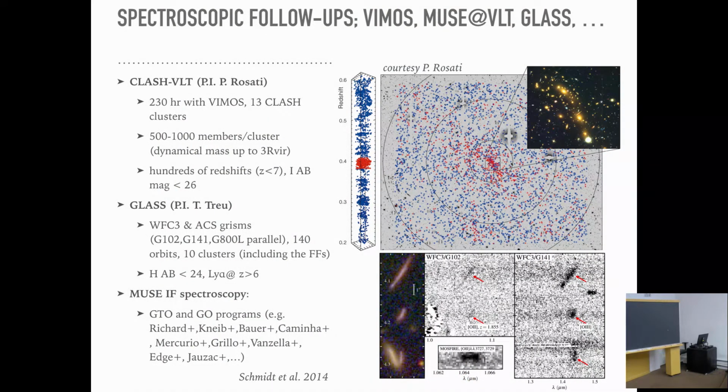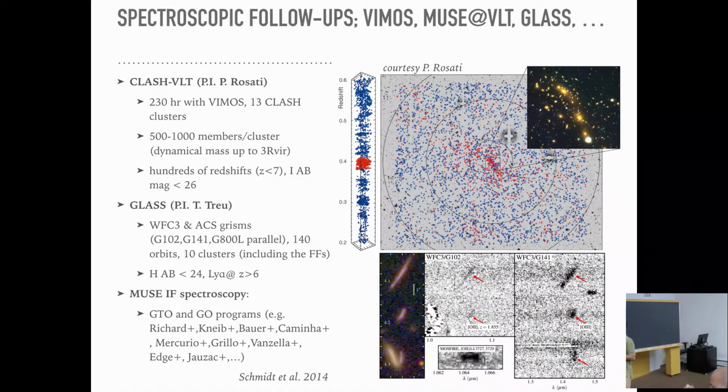So apart from the HST observations of these clusters, we are also using state-of-the-art spectroscopic observations of these clusters. In parallel to CLASH, we ran the CLASH-VLT project, which provided spectra for hundreds to thousands of cluster members inside some of the CLASH clusters.